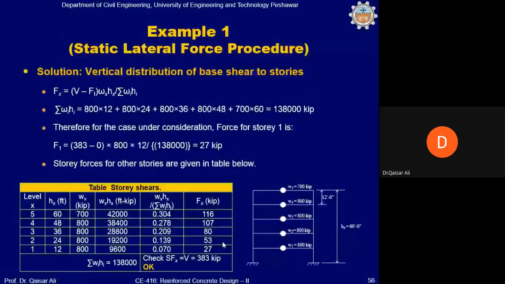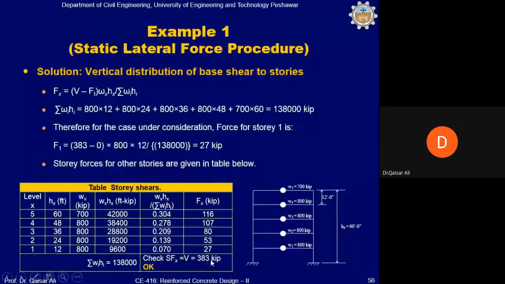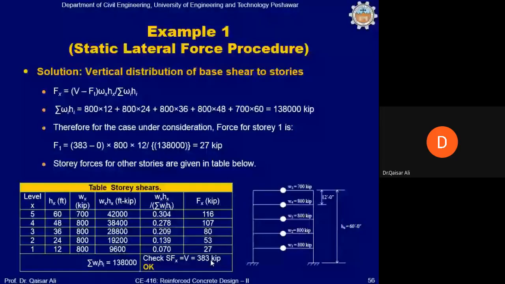So all these values are given in this manner, and the total base shear must be equal to 383 kN. Any question?